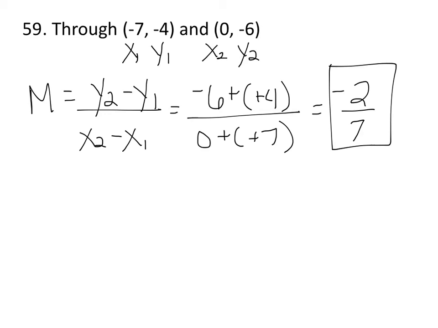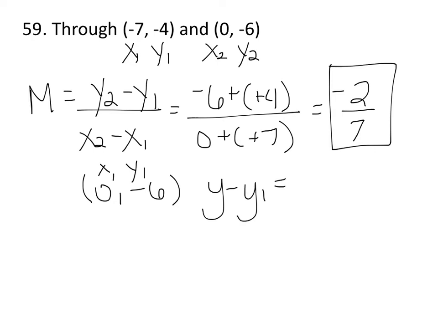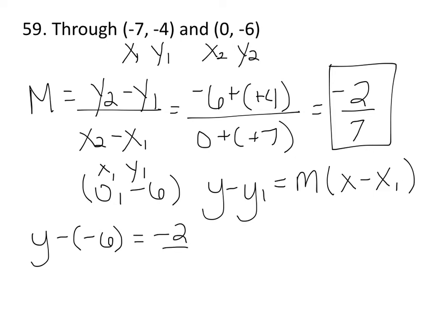And I'm going to choose the point 0, negative 6. Always choose a point that has a 0 in it if you can. And I'm going to label it x1, y1. So I have y minus y1 equals m times x minus x1. So y minus negative 6 is equal to negative 2/7 times x minus 0.